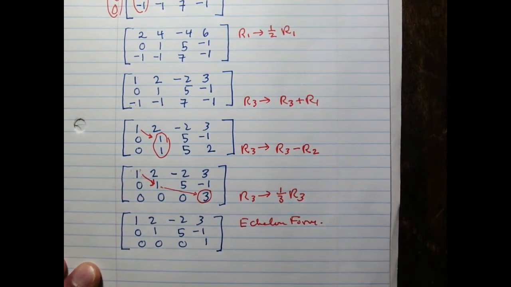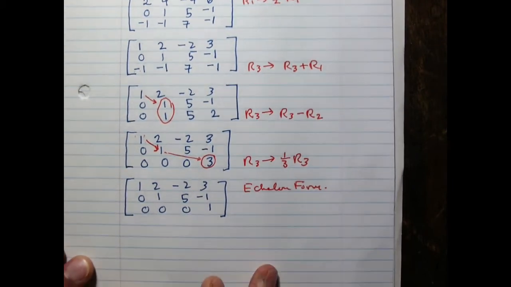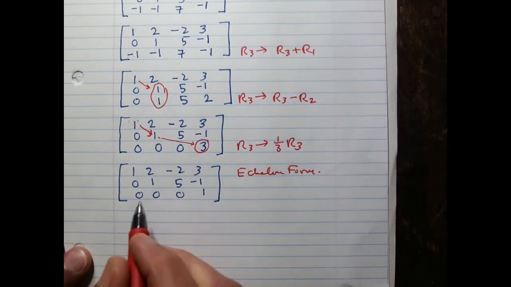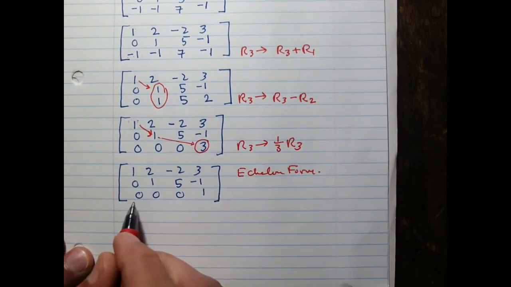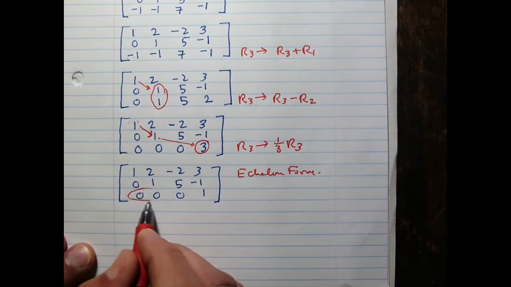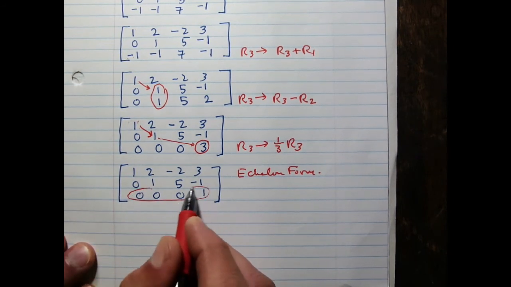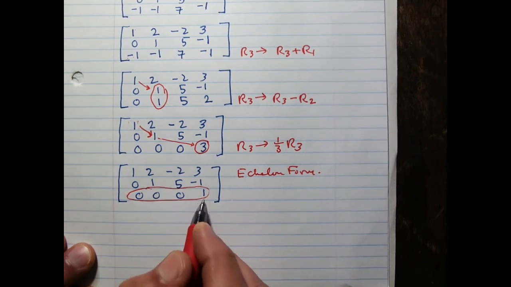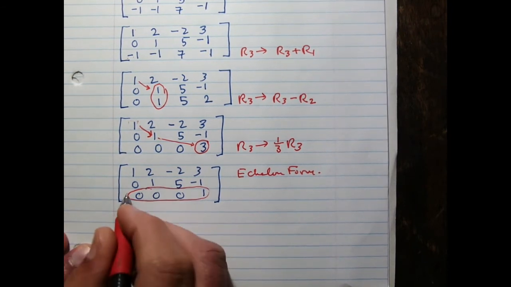Now this is not a reduced echelon form yet, but I'm going to finish up the problem right at this point, because now this is something we have to learn to recognize. This last row, we have a row of zeros followed by a non-zero number, followed by a 1.